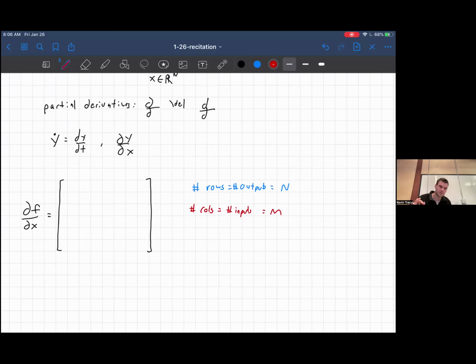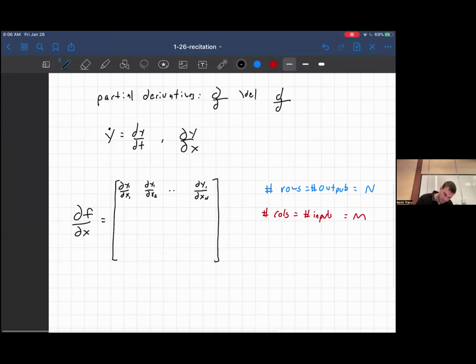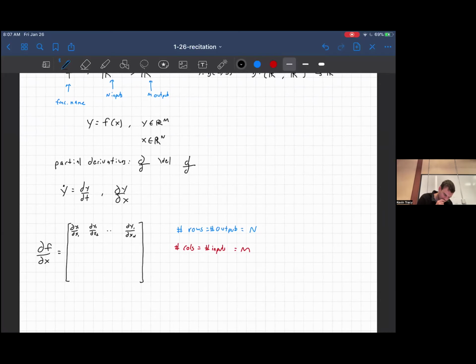And again, we're only focused on functions that have one vector in, one vector out. And what this looks like is dy1, dx1, dy1, dx2 to dy1, dxn. Hold up, there's x inputs.